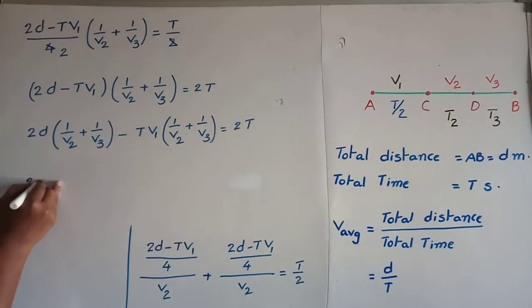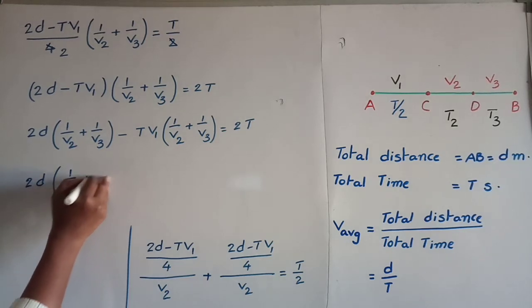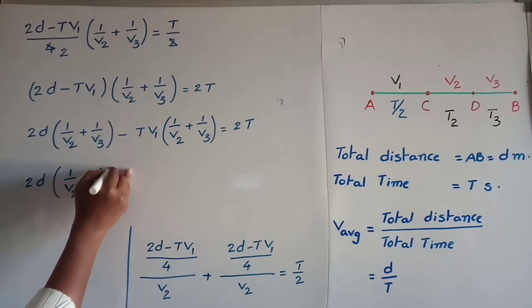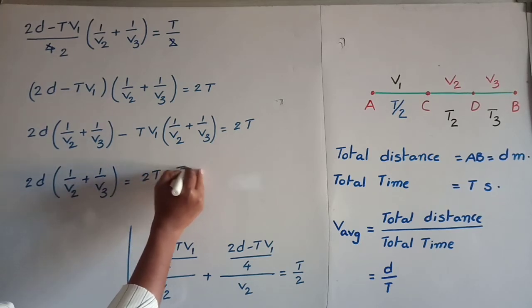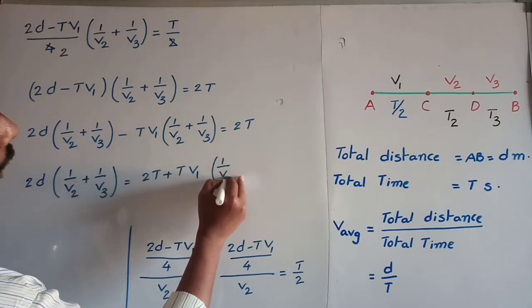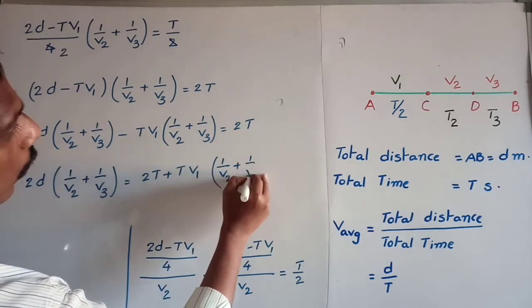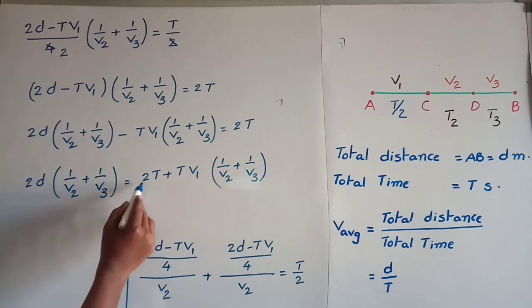Then we get 2D into (1 by V2 plus 1 by V3) which is equal to 2T plus TV1 into (1 by V2 plus 1 by V3). From this we take T common.